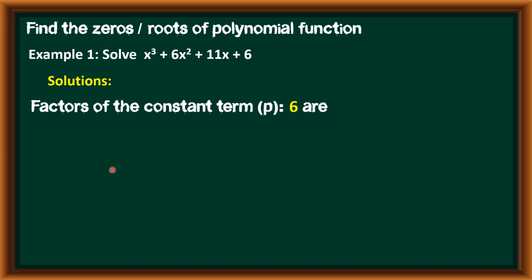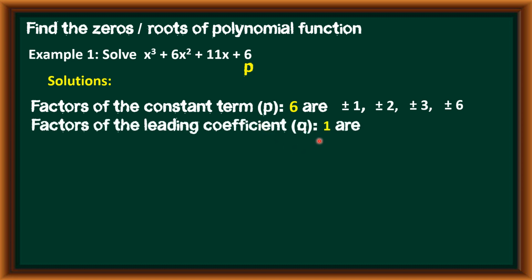Bibigyan ko kayo ng iba't ibang solution na unahin muna natin to. Factors of the constant term, syempre, ang P natin ay 6. So, yung mga number na pwedeng i-multiply para maging 6 ay 1 times 6 or pwede ring 2 times 3. So, yun ang mga factors ng P. Factors naman ng Q, ayan, yung invisible 1 sa harapan, walang iba kundi 1 lang, 1 times 1.